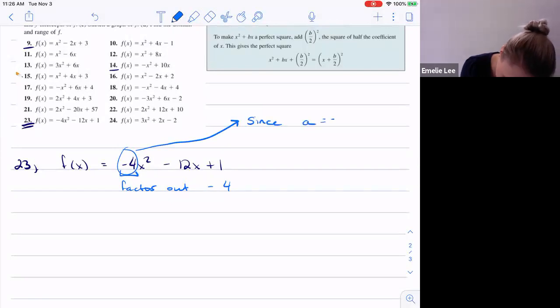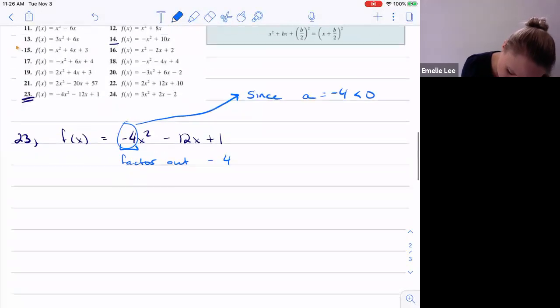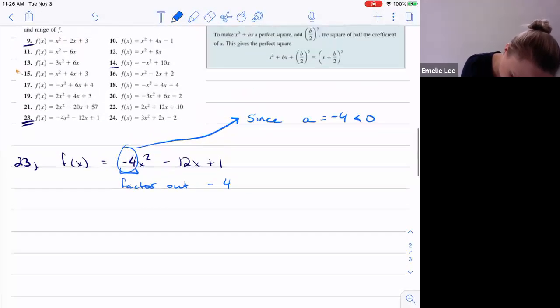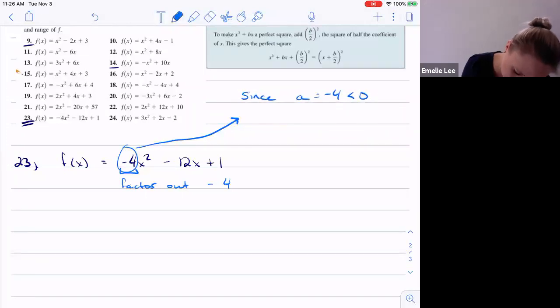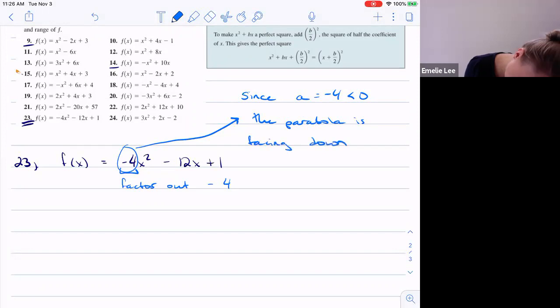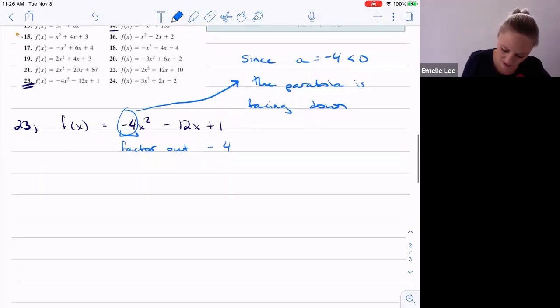Since a is negative 4, which is less than 0, the parabola is facing down, which means it's going to look something like this.